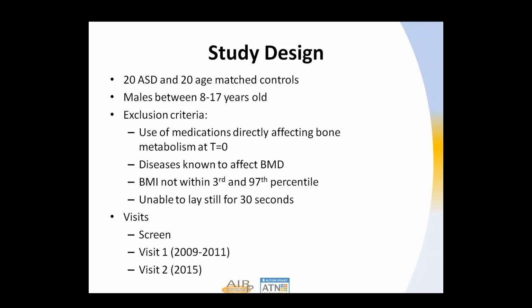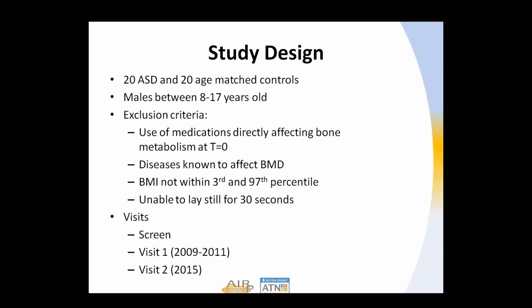What we're continuing to do is study 20 boys with autism and 20 age-matched controls. They're between 8 and 17 years of age. When they initially started the study, we excluded children who were taking medications that directly affected bone metabolism.